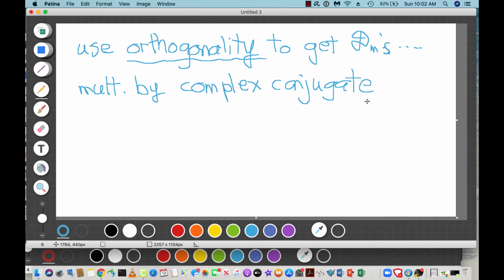Certainly when you're talking about sines and cosines. So you multiply by e to the minus i n k x, where n is the same as one of the little m's. And then you integrate.